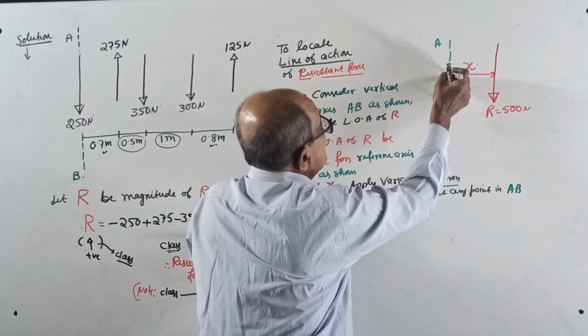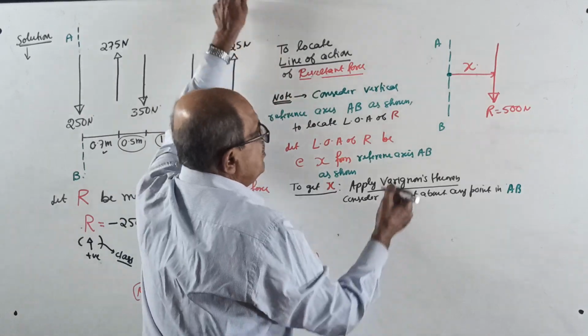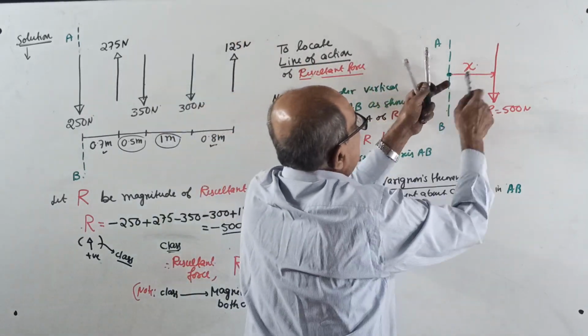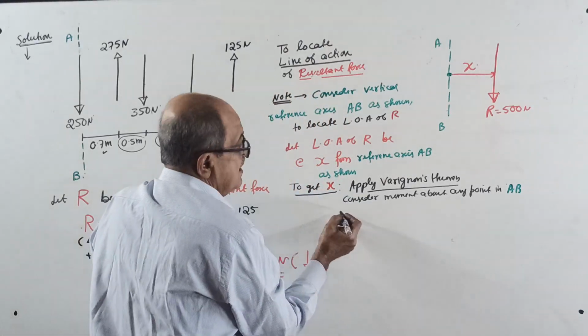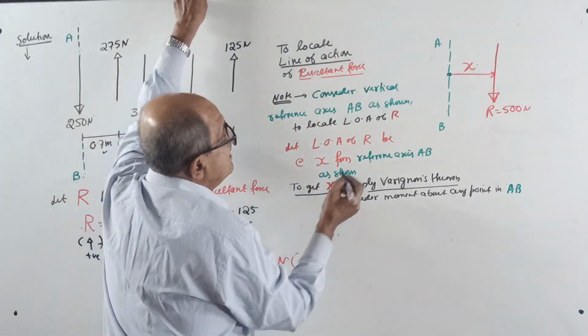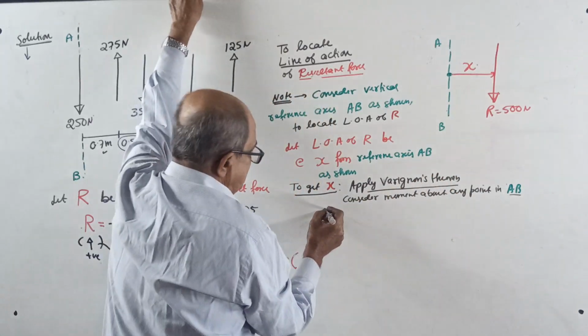Say this point, right here. You can take here also. Wherever you take, the distance is the same. Then you are taking moment about the AB line.